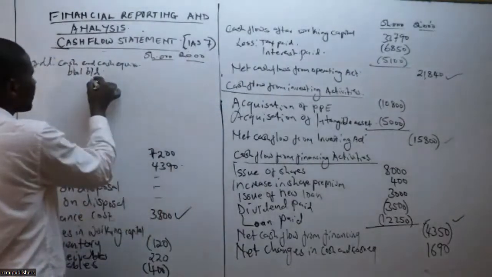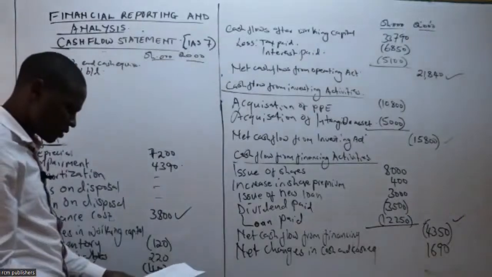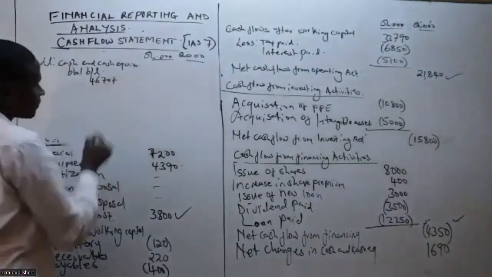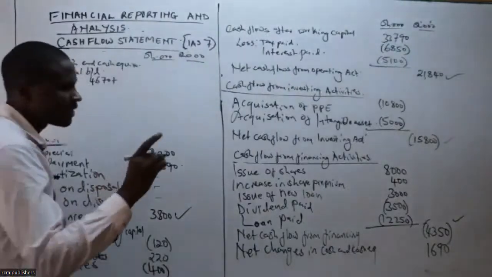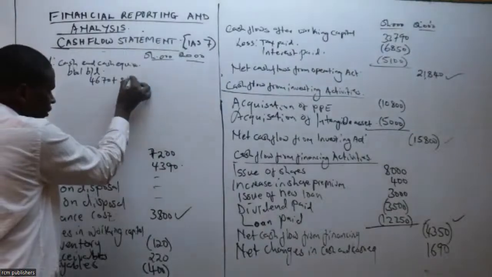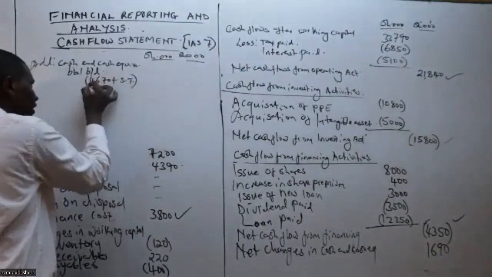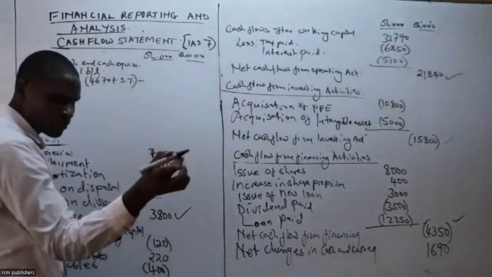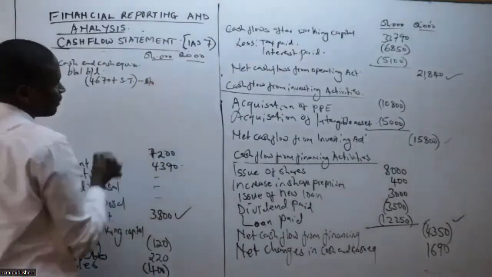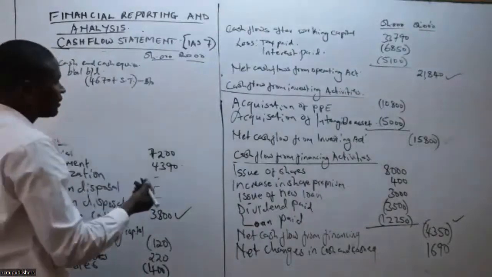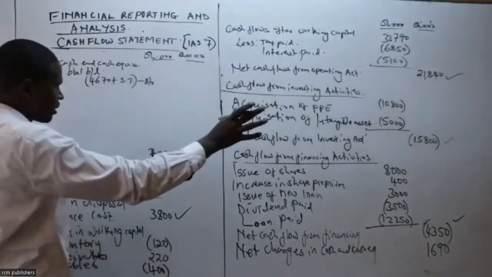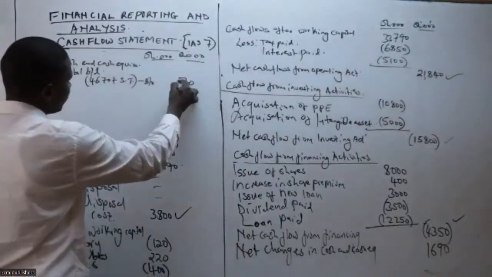So you pick what you have, right? For example, here we have 4,670 plus, be very keen here, plus short-term investment if there is any, whatever you get there, you less the bank overdraft. Please note that. But in our case, here we have 4,670. So we don't have the other items.